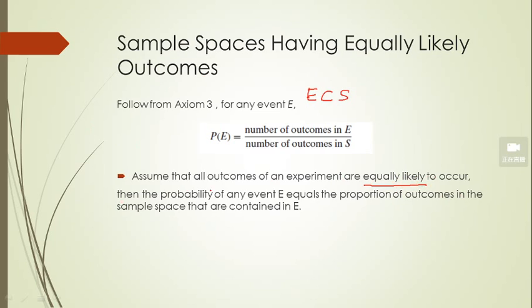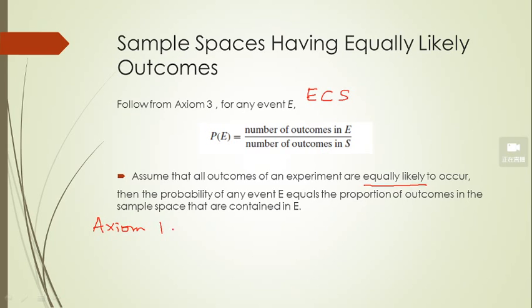So the probability of any event E equals the proportion of the outcomes in the sample space that are contained in E. From here you can also verify all those axioms. If we define the probability function in this way, it will still satisfy all the axioms.